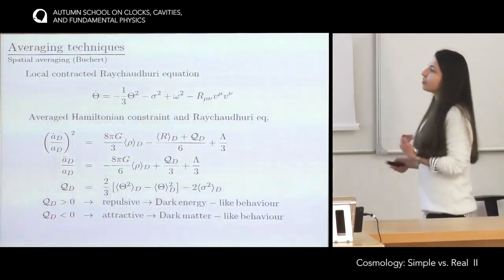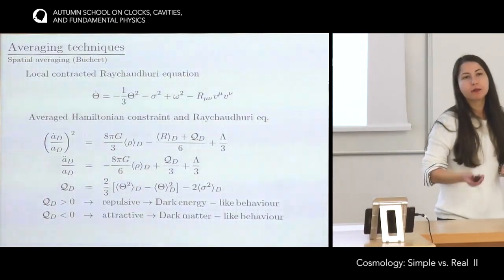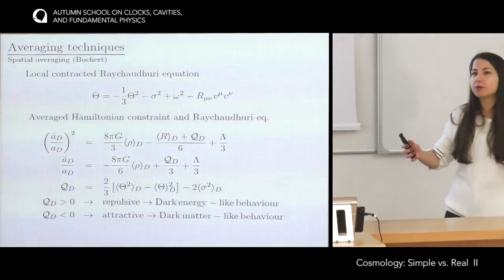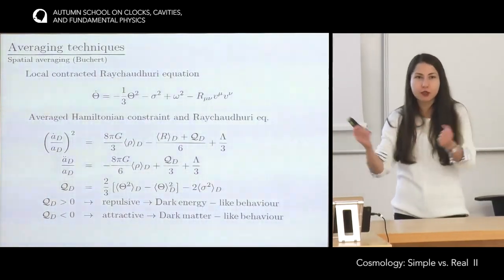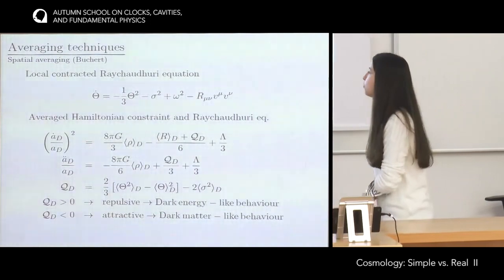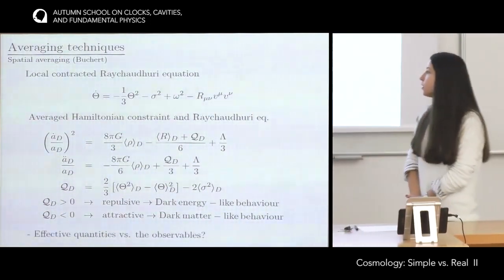And if it's negative, it has an attractive effect. And you can even model the behavior of dark matter this time, because dark matter acts like an extra matter that tries to clump things together, whereas dark energy has a repulsive effect.